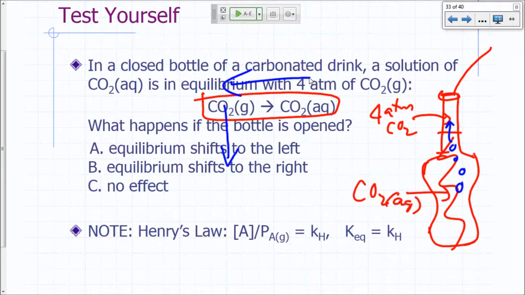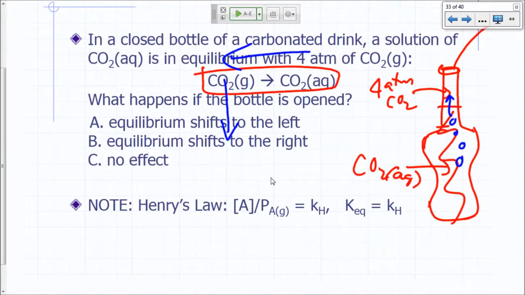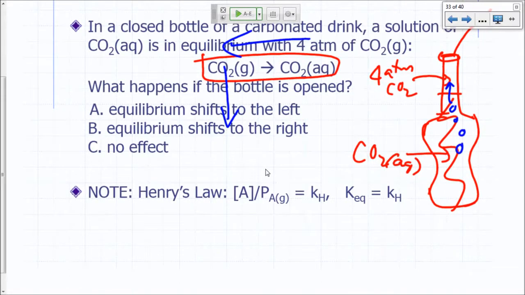Okay, so that's what happens. Now, we've talked about this earlier. Basically what we said was that the solubility of a gas in a liquid is directly proportional to its partial pressure in the gas that's in equilibrium with that liquid. That was Henry's law.